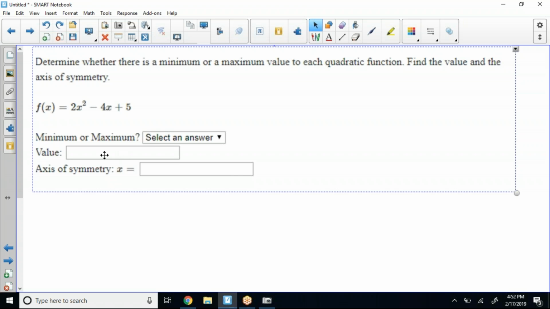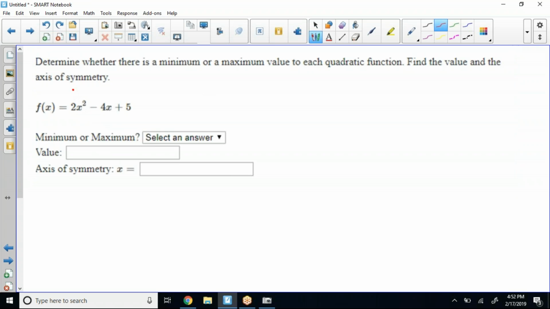Okay, sometimes they'll, this is going to be a minimum because it's opening up, right? See that a is positive, so it's a smile. There's your smile, it's opening up. So y equals k is the value. So when they say value, axis of symmetry would be x equals h.